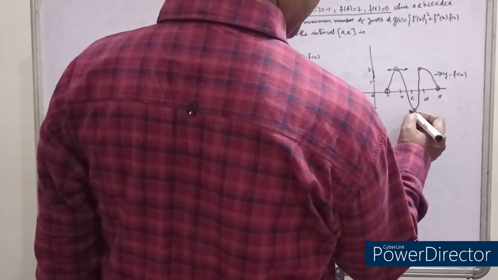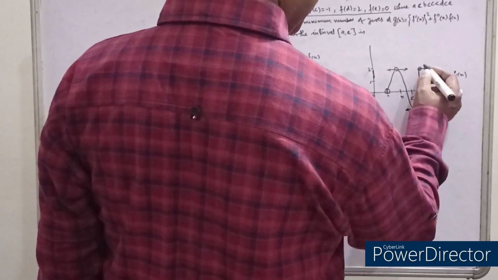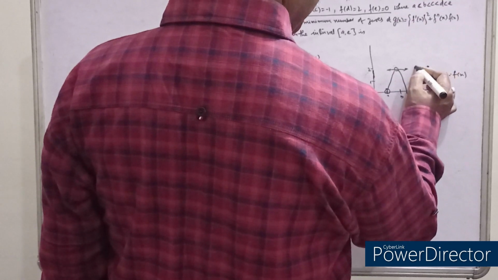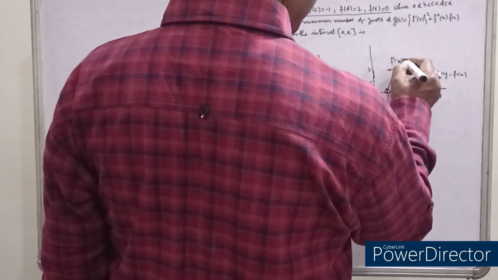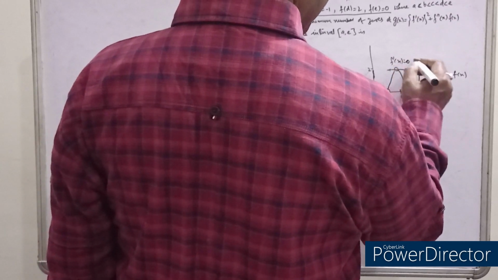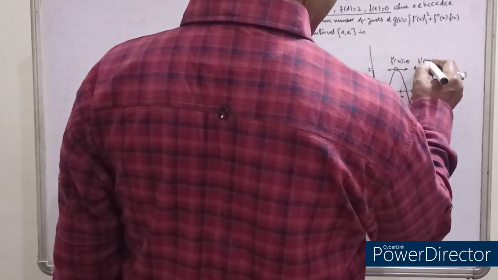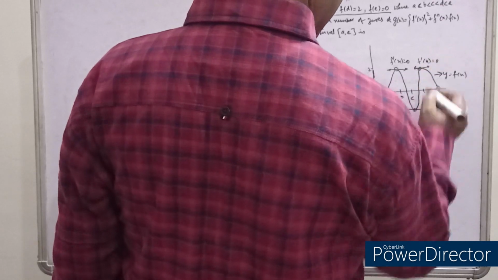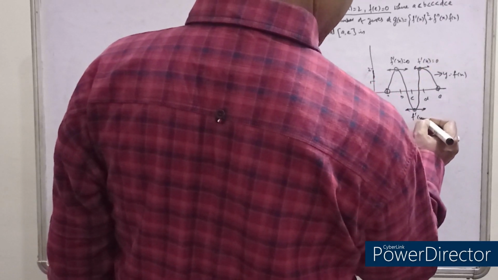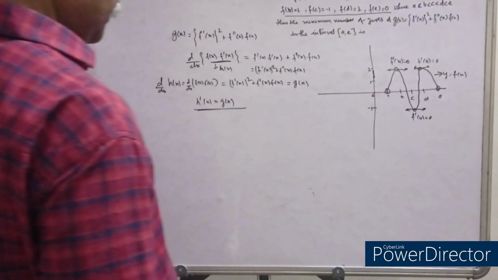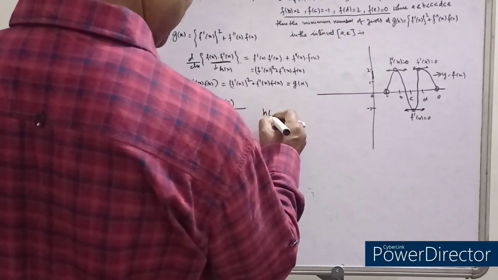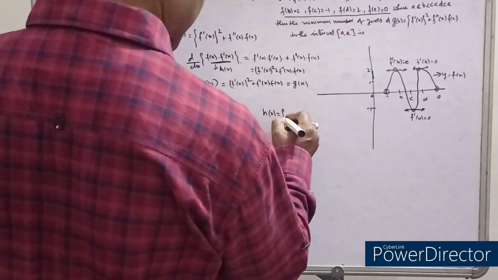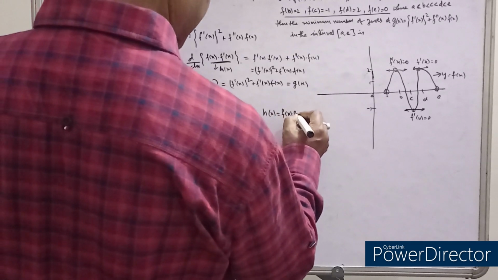Here these tangents are parallel, so these are the points where f'(x) is 0. So here you see that h(x) is equal to f(x) times f'(x).